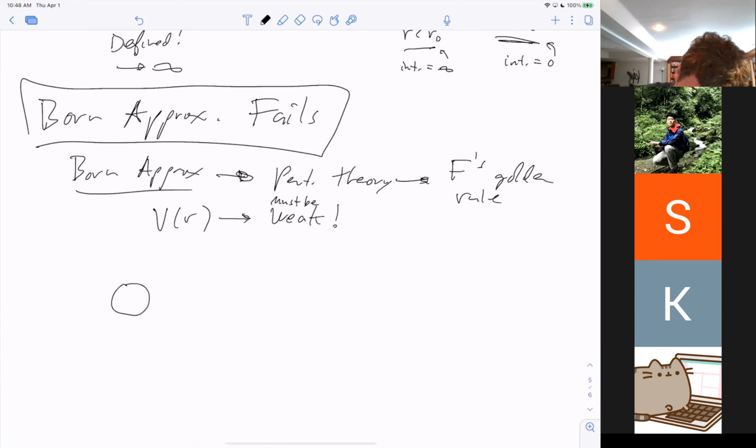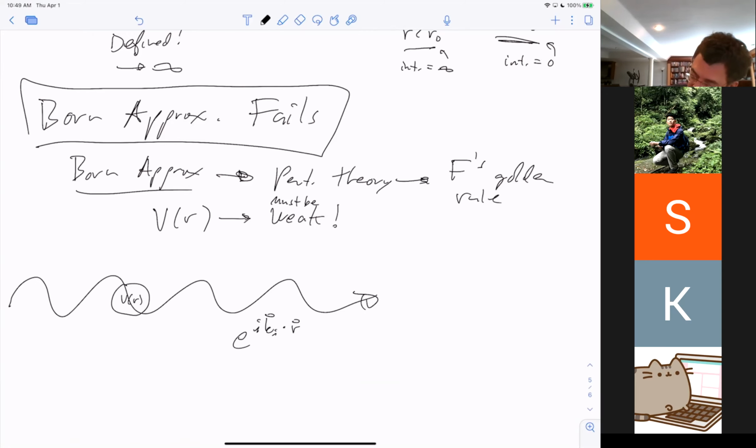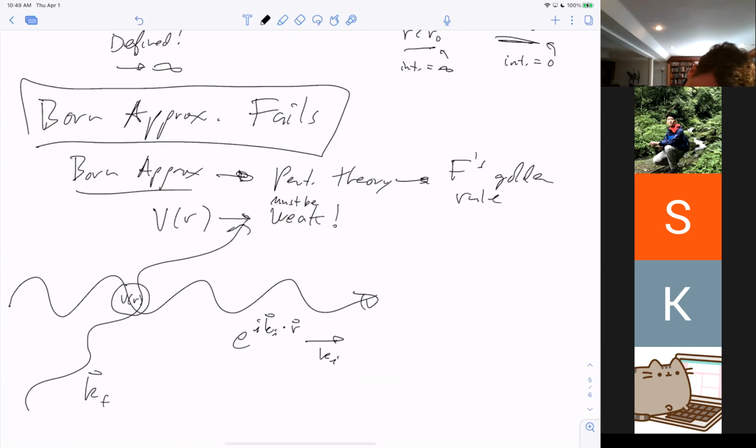I have a scatterer, V of r, and I have my initial state, which is e to the i k_i dot r. It's an incident wave, right? And then I have my final state, which is some wave going in the final direction, k final. And it's going in this direction, and I have this angle theta.